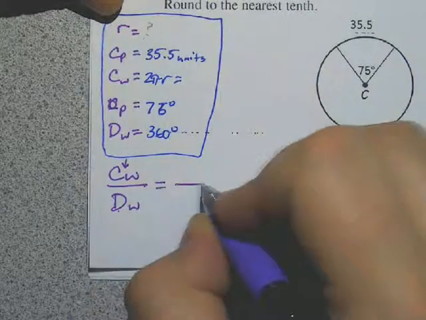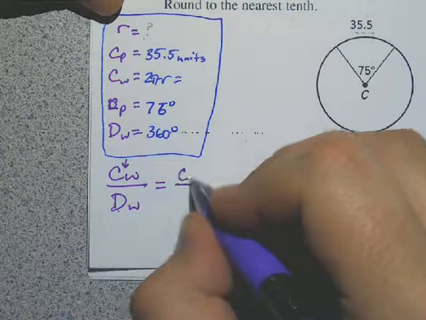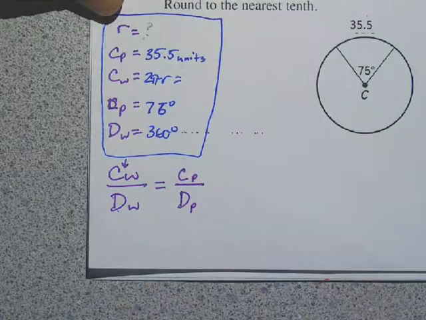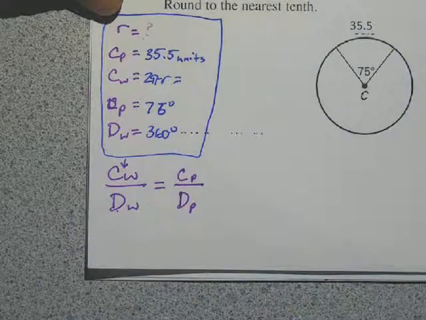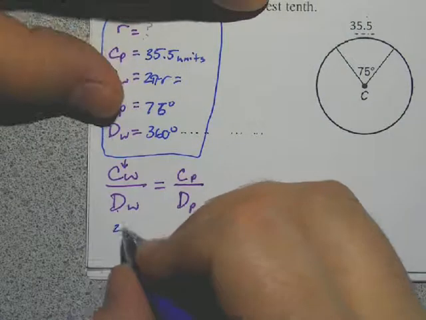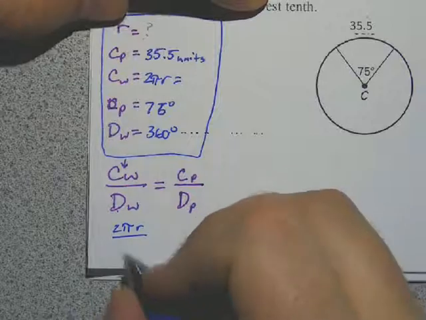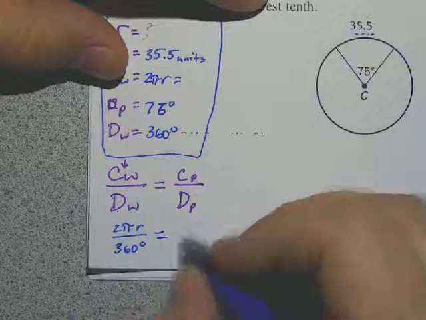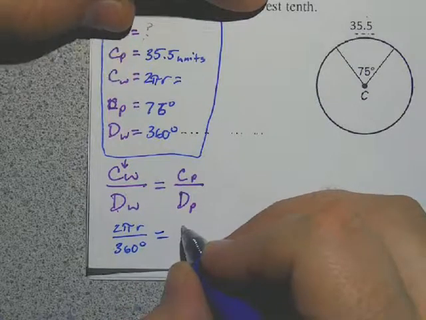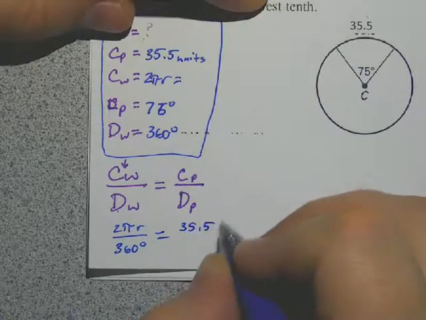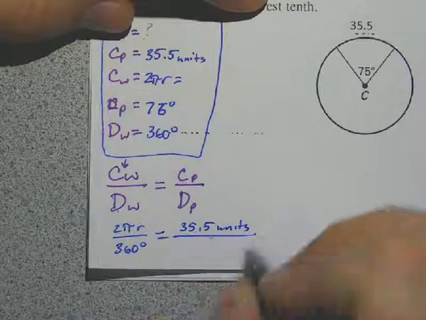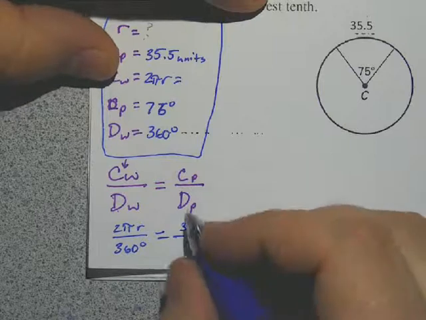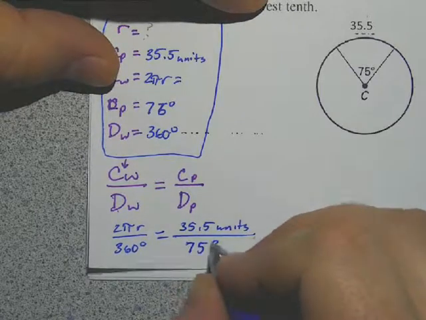And then if I come over here, I can match the partial circumference and the partial degrees. Okay, great. So now let's plug in things, and we're going to get 2 pi r over dw is 360 equals, and this would be CP, which is 35.5 units over partial degrees, which is 75 degrees.